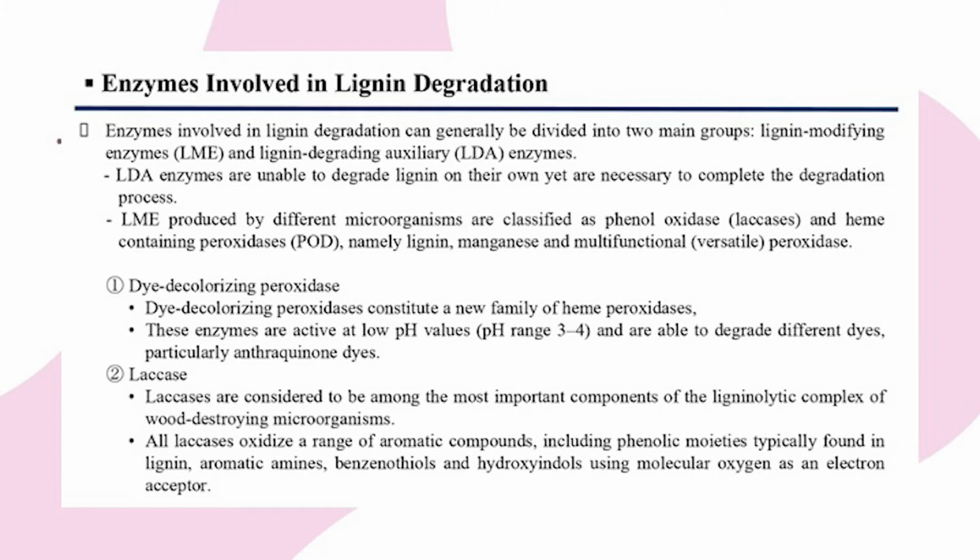A key part of our experiment are environmentally friendly enzymes that degrade lignin. There are two main groups of lignin-degrading enzymes, lignin-modifying enzymes, LME for short, and lignin-degrading auxiliary enzymes, LDA for short. Because lignin is extremely resistant to enzyme attack, it is imperative that we use both groups of enzymes to maximize the degradation of lignin.